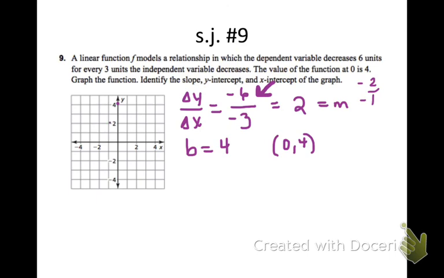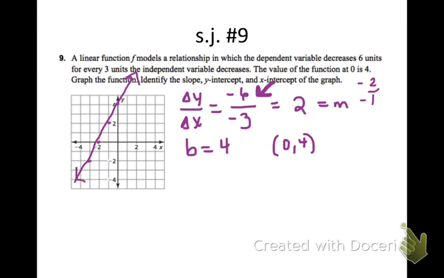And if I continue down 2 and back 1 by doing it this way and counting several slopes, you get several points on the line, so that when you go to draw the line, it makes it a little easier. And a straight edge is still preferred because I still can't draw a straight line.